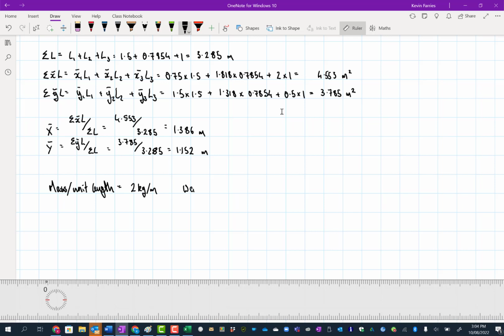So the weight per unit length, we just times it by gravity. They haven't told us to do it approximately. So this is different from the unit weight. The unit weight's the weight per unit volume.